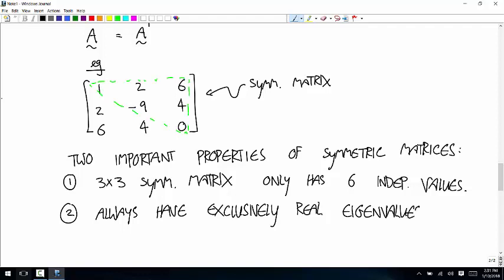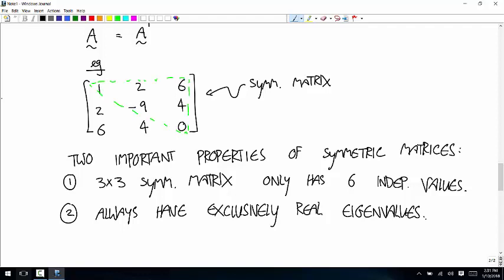And I think it's fair to say that it's usually the case, it definitely is the case in this class, that when you're dealing with symmetric matrices, there's a useful, very physical meaning to the eigenvalues.